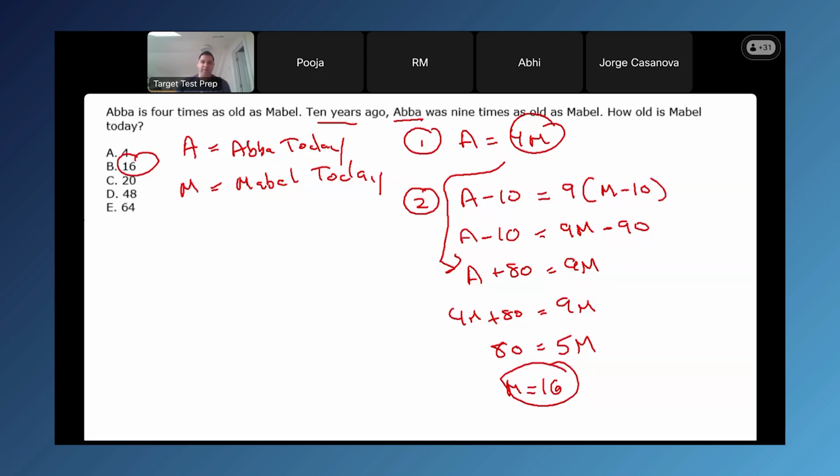Now, I want to get into some harder stuff. So let's talk about fraction word problems, one of my favorite things to cover with general word problems. So let me just get the next question up, and then we can go from there. There's a bunch of good ones I want to do with fraction word problems.